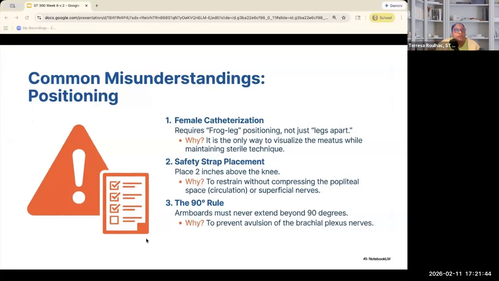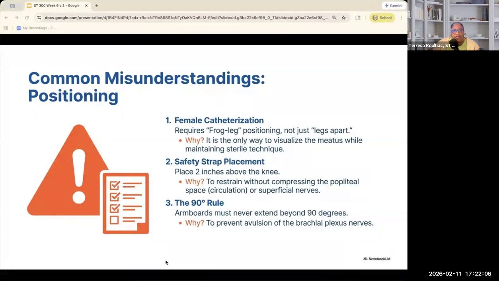Because we don't want to injure the joint. Arm boards are never extended past 90 degrees, okay? Because exceeding that angle increases the risk of brachial plexus injury, and that's something we do not want to happen. The rule exists to protect nerves, okay?